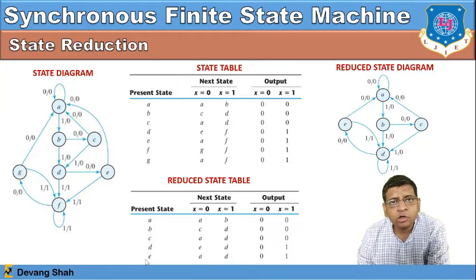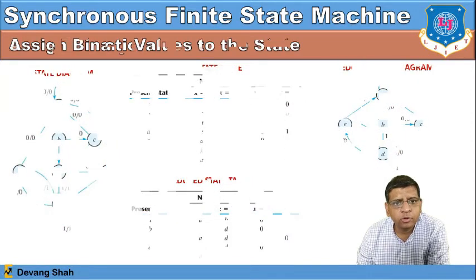Here you have not compromised with the output as well, right? This is the best example of the finite state machine, Mealy machine or Moore machine, where ultimately you have reduced the state flow diagram, and all your criteria would be satisfied. That's how you can reduce this particular state table, right?